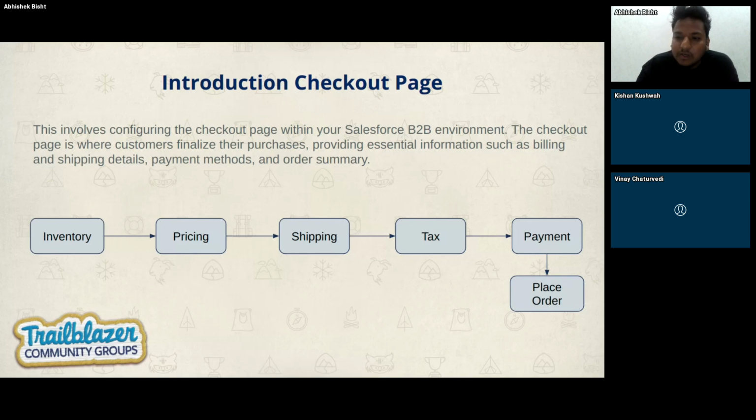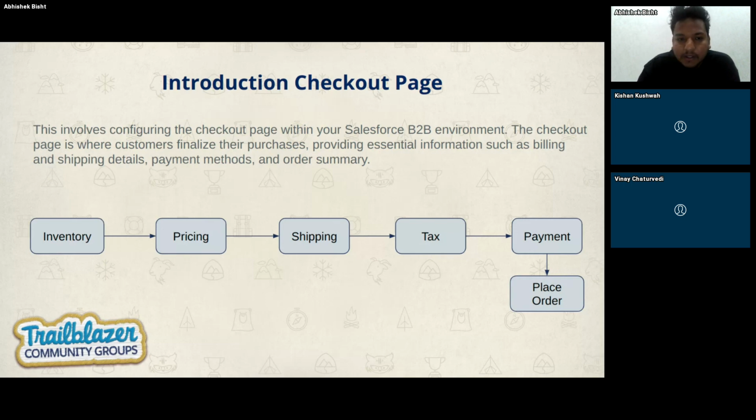Then the place order after the payment. In this block, we are generating the order summary especially. When we talk about checkout and place order, basically we are talking about the order summary in Salesforce. In the end, we are generating the order summary.